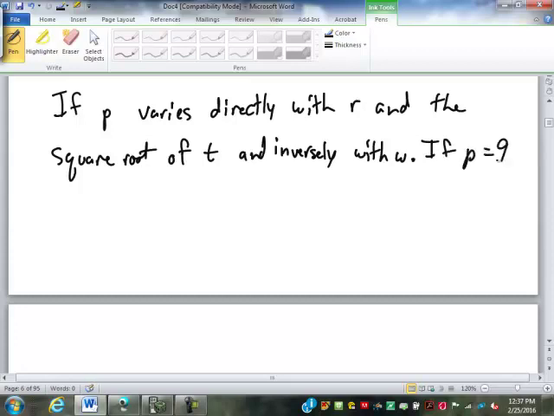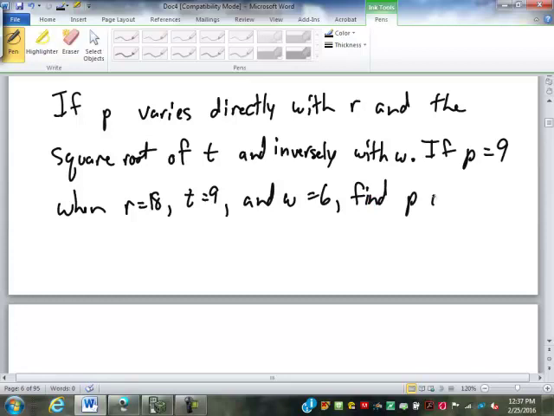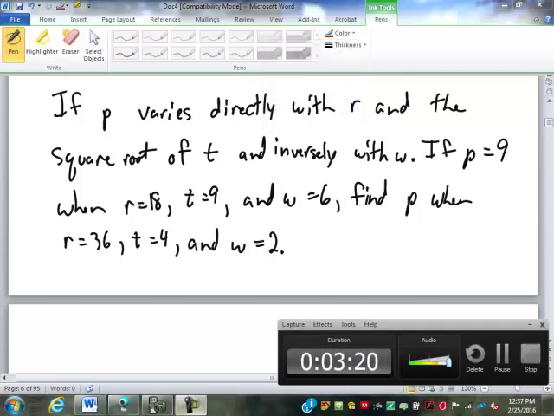If p equals 9, when r equals 18, t equals 9, and w equals 6, find p when r equals 36, t equals 4, and w equals 2. I'll give you a second to try that before we go through.